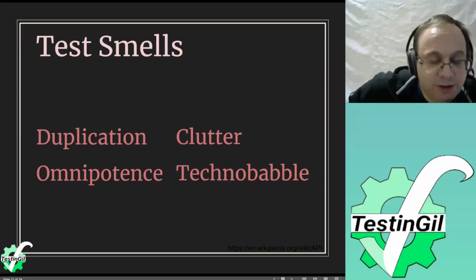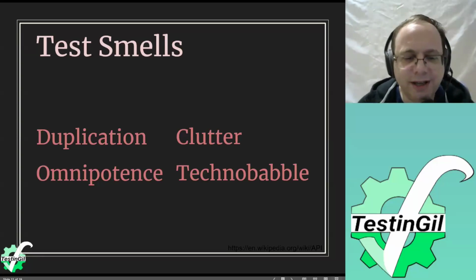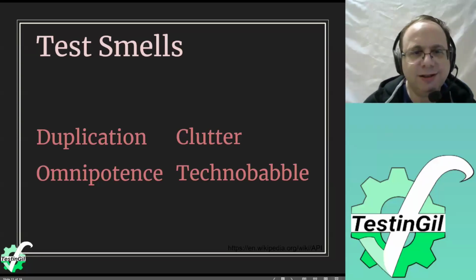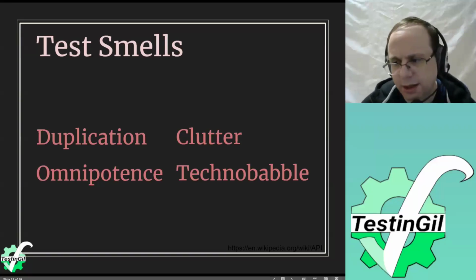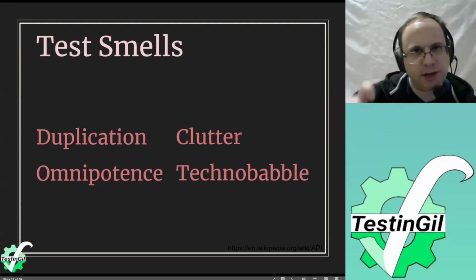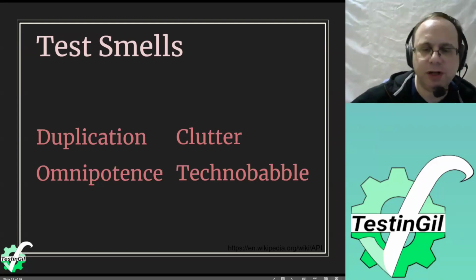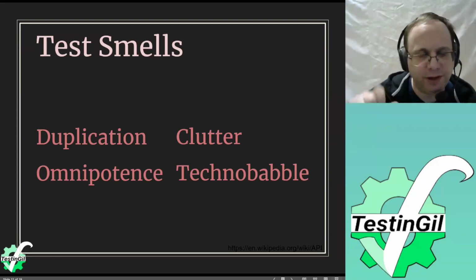The first one is duplication. Now, everybody has been to software school on the first day and knows that it's a crime to duplicate code. In tests, we do it a lot more because once we have a test passing, it's easier, instead of writing the next test from scratch, to take what I've written and modify it a bit.